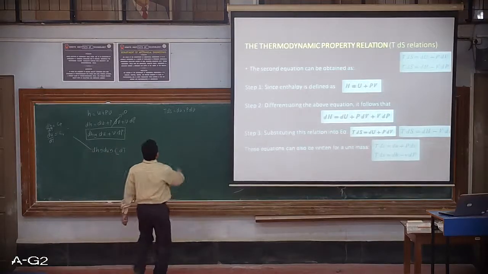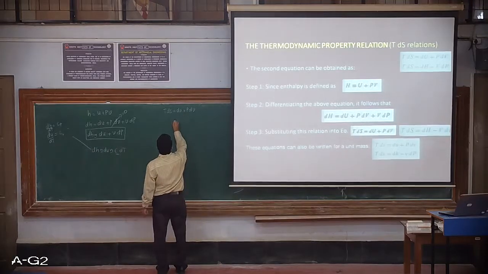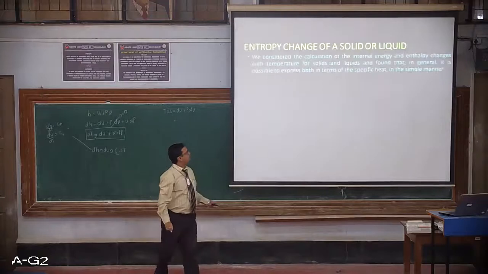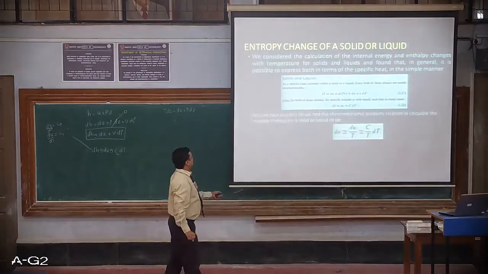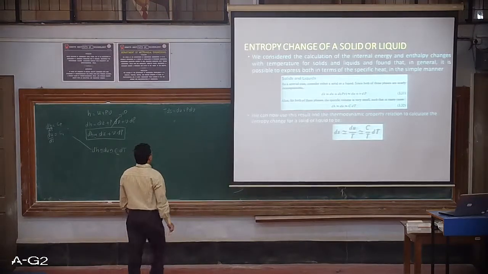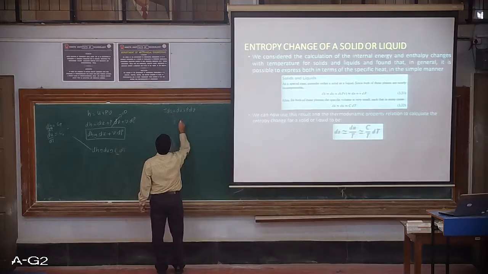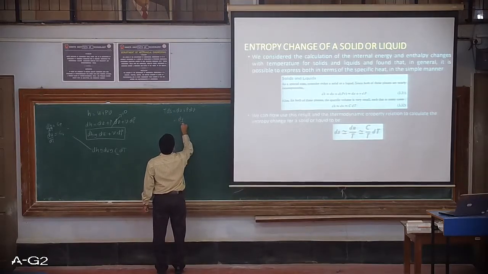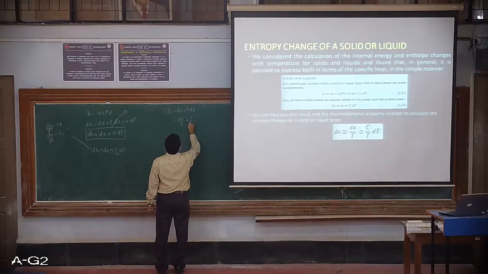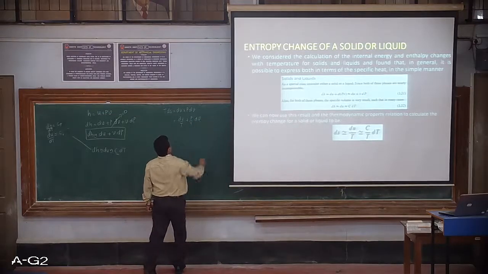So wherever I have dU, I'll be writing it here. dS is equal to, taking this T over here, dU by T plus P by T into dV.